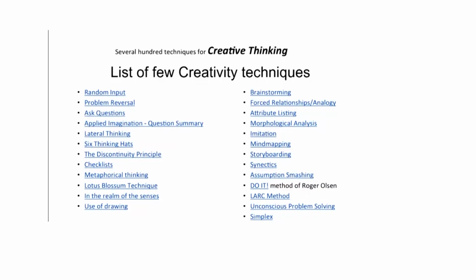Now, if you just give the keyword creativity processes, there must be hundreds of pages on a Google search. So many people have worked in these areas, and all these are techniques which can help you to become more creative. Everybody is born with a left and right brain.